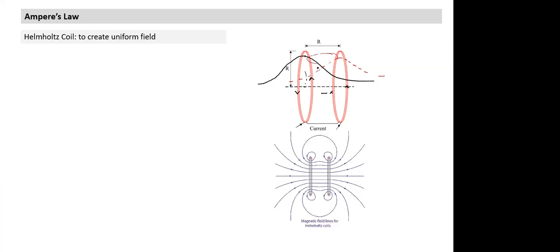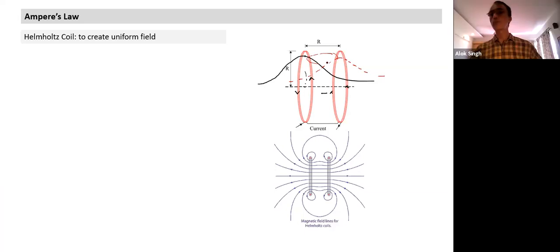You find it becomes almost uniform. If the spacing is small, if we keep parallel circular coils at small distances, it tends to create a uniform field in the region between the coils. And this arrangement is called a Helmholtz coil. It is used in several experiments.